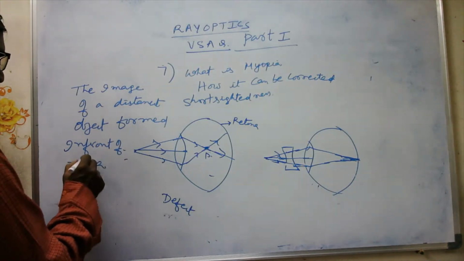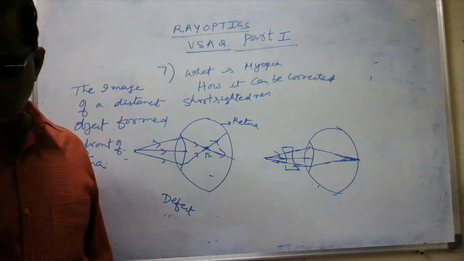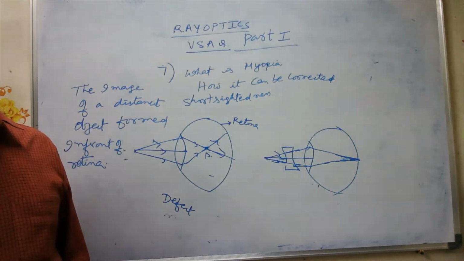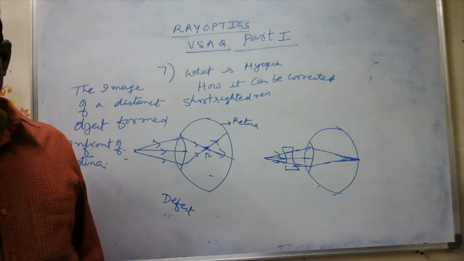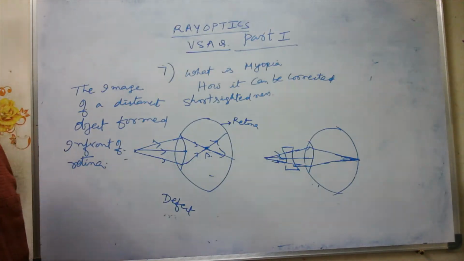Okay, in front of the retina. The defect can be corrected by using a concave lens between the eye and the object.